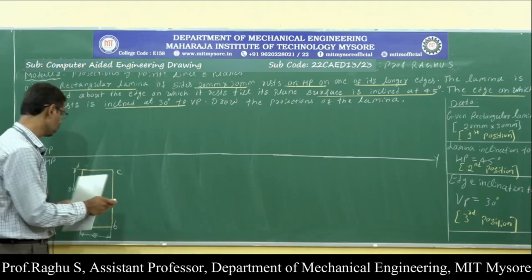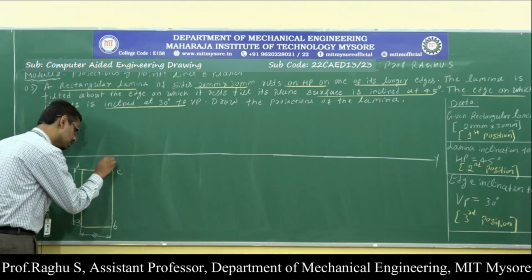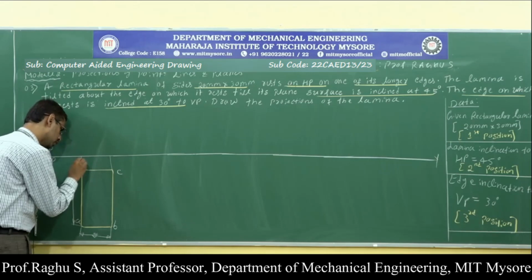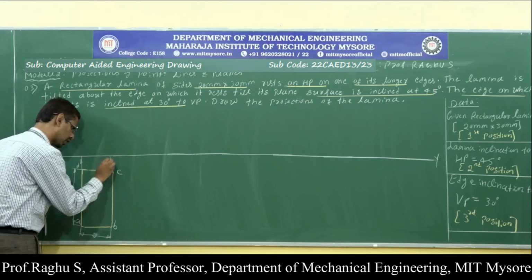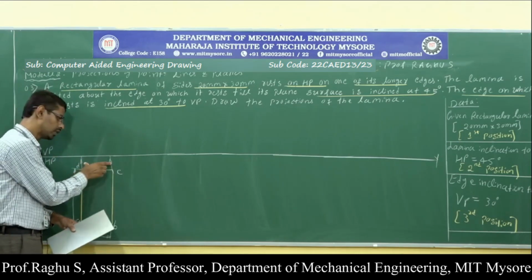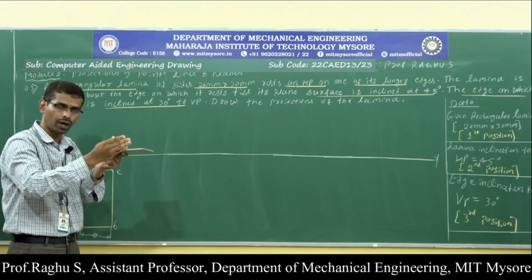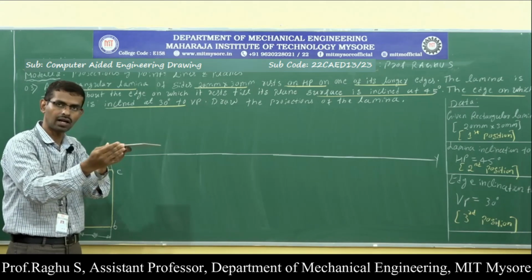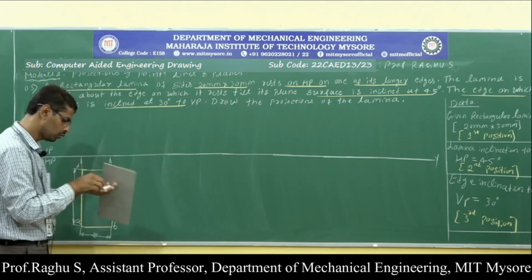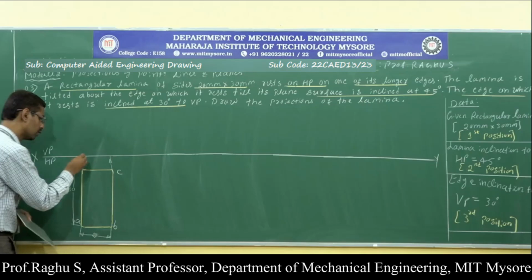Next, to get the front view, draw thin projection lines up to XY. The gap between these two projection lines represents the front view. When you observe the lamina from the front, the rectangle lamina looks like a straight line. So this is the front view.